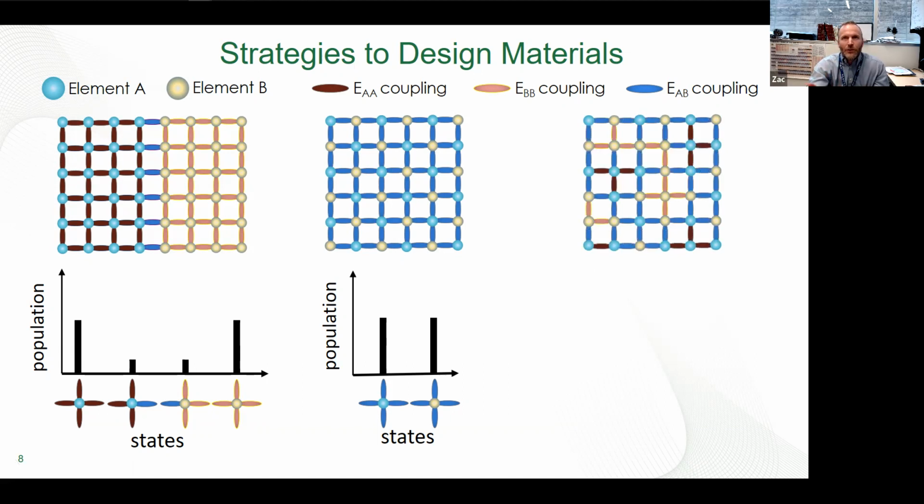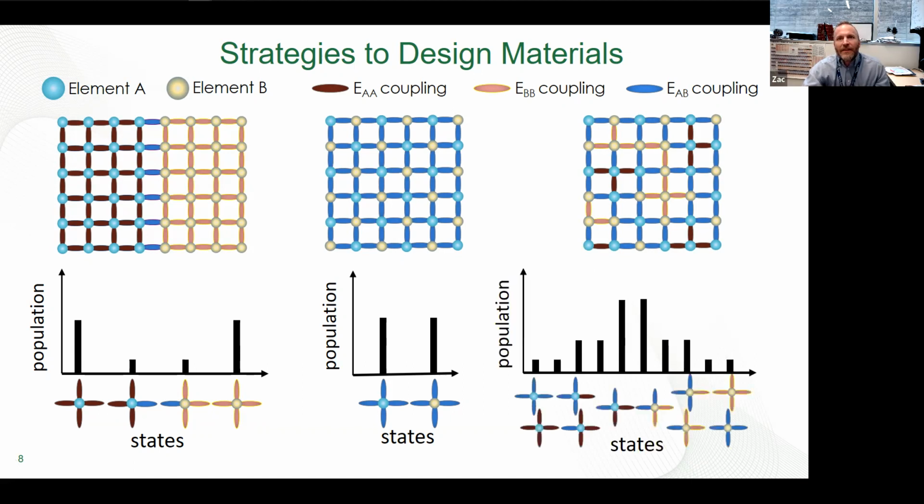There are a few exceptions to this, like intermetallics, but we're going to talk about oxides today. So in a real system, what you're aiming for is some distribution of microstates. This is exciting because it gives you a lot more competition and dynamics in your system, so you may be able to find some new physics there.